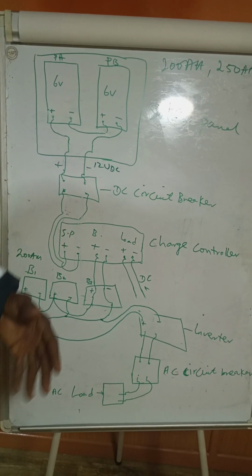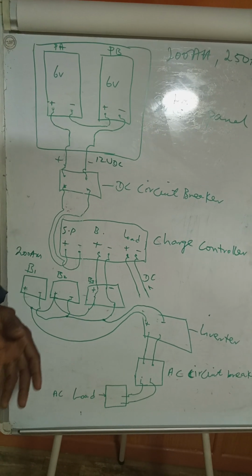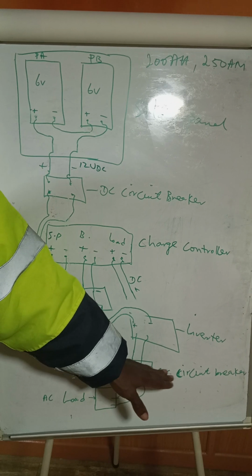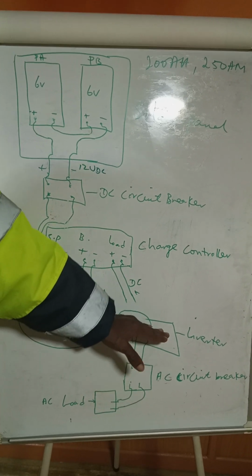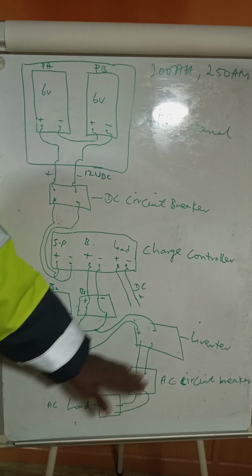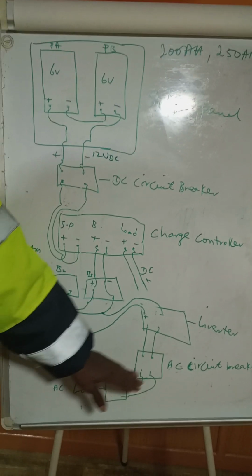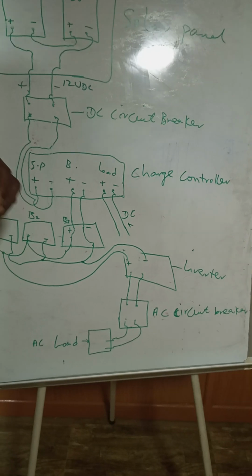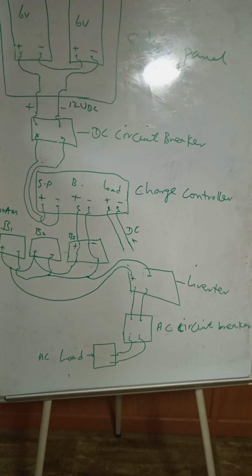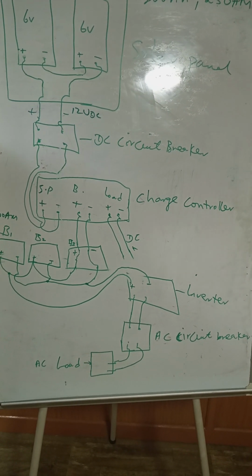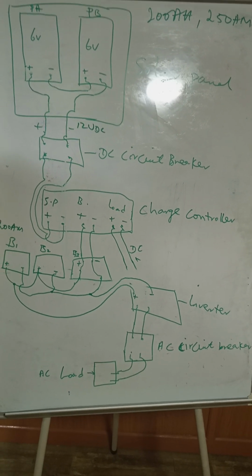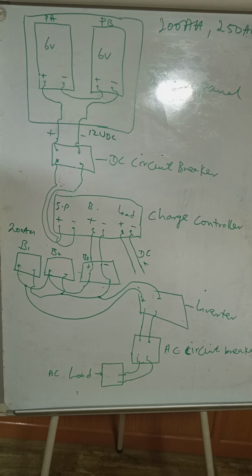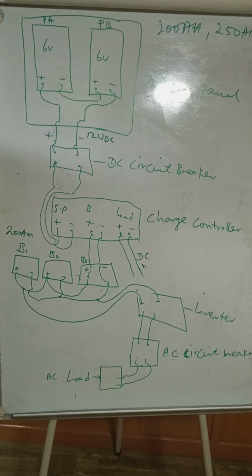We have carefully designed the system with the aim of protecting your system as well. That is why we have the AC circuit breaker connected between your inverter and your load. The AC circuit breaker is very important, so that wherever you have a short circuit within your load, this load may be your house, it may be your fan, it may be your lamps, it may be your AC, it may be whatsoever load that is consuming power.